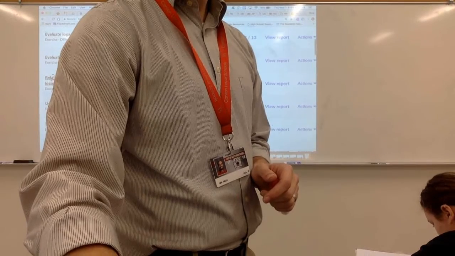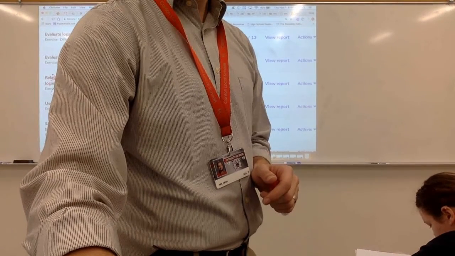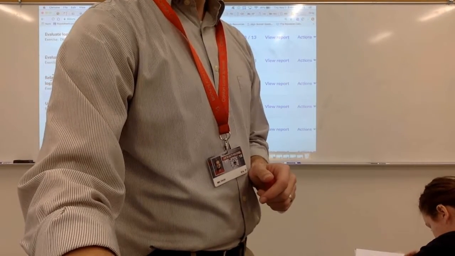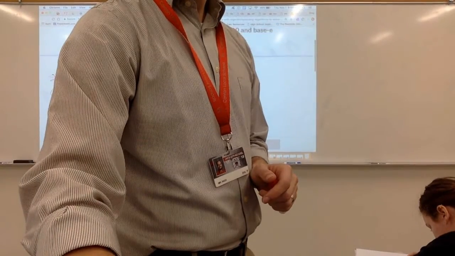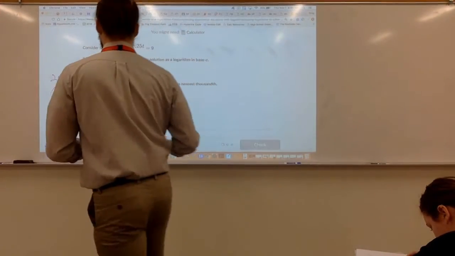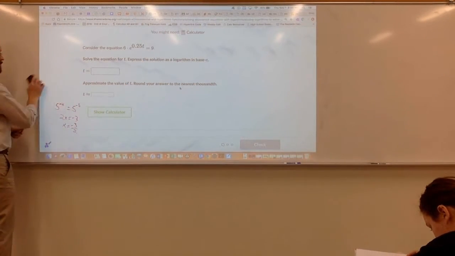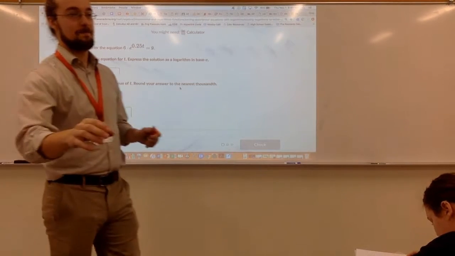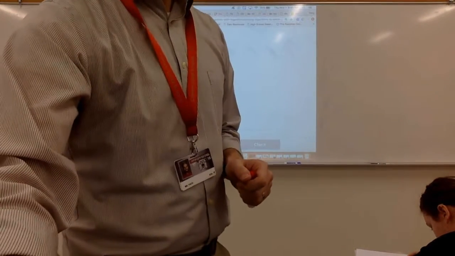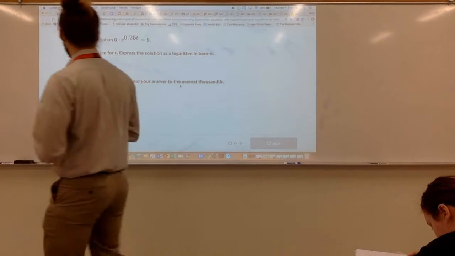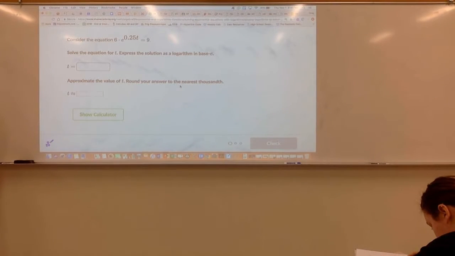I think this should have been the order they were in: evaluate advanced, the relationship properties, and then solve. You're good on this? This is the one? Okay.